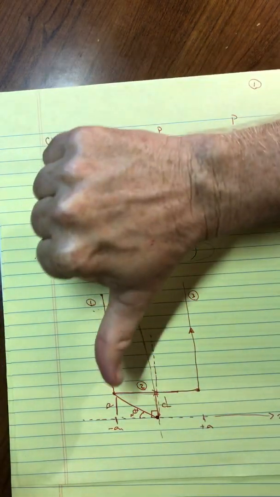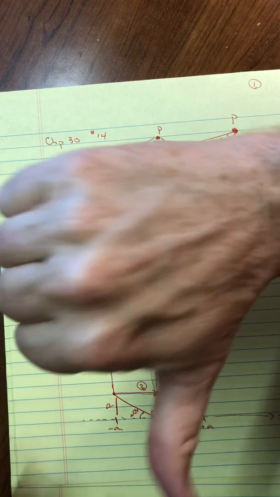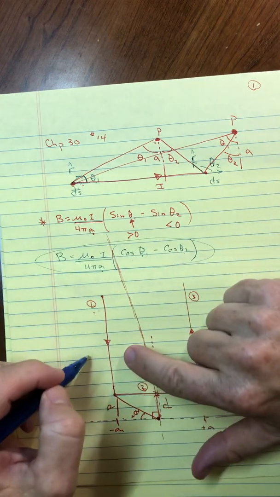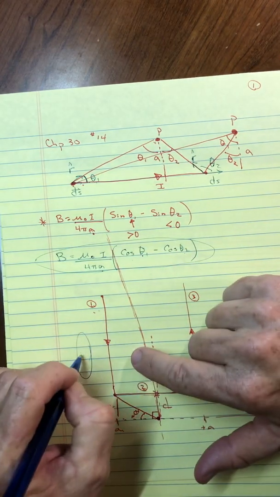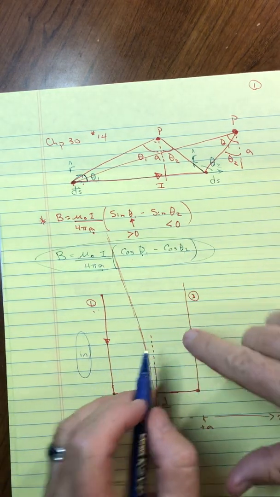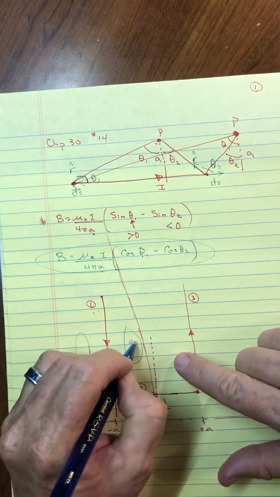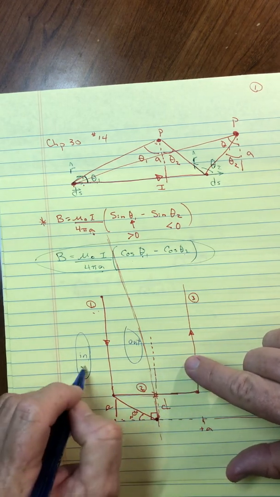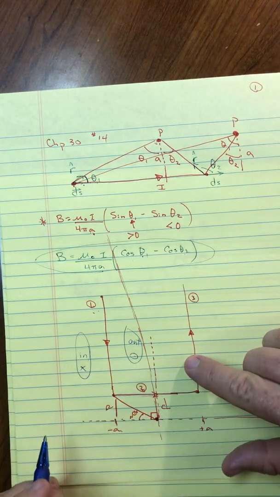So I'm going to put my thumb in the direction of the current, and so my fingers are going to curl around here. And so if my fingers curl around on the left-hand side, the field would be going in, and on the right-hand side of the current, it would be coming out. So I'd put X's here and dots here.